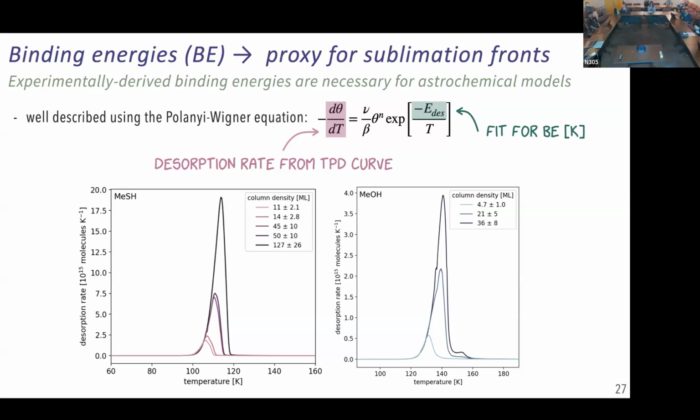Over here are the layers, so we have tens of layers to 100, and this is indifferent. So the binding energy is indifferent to the thickness. We basically fit this equation at this part of the curve where all of the curves align.